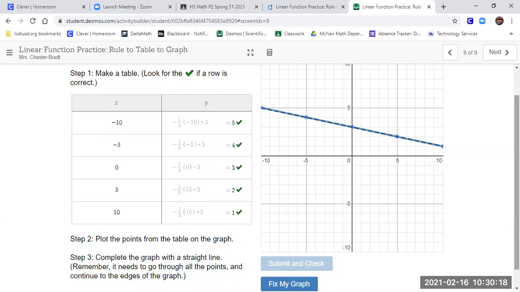You guys need to be noticing this. Why did they pick x's of 5 again?